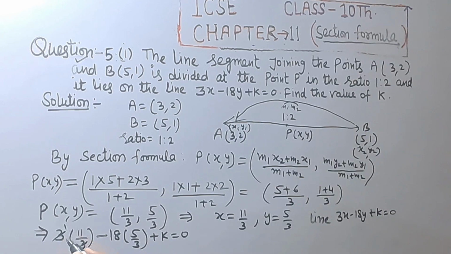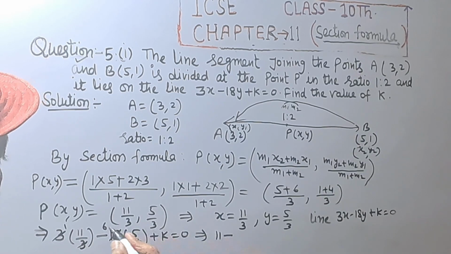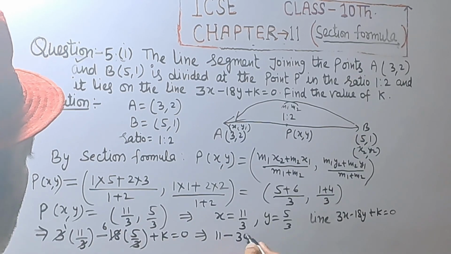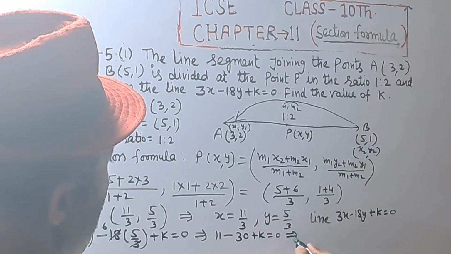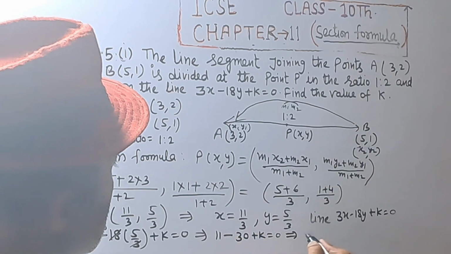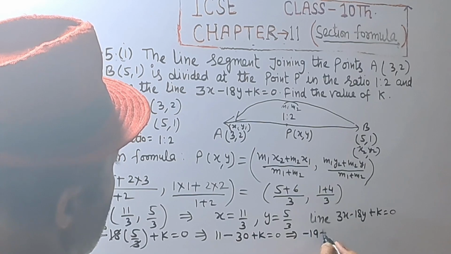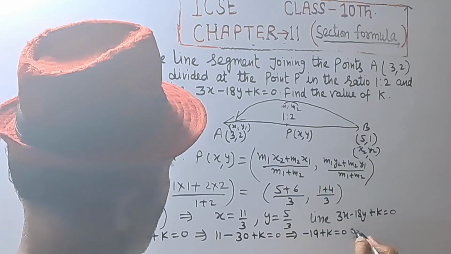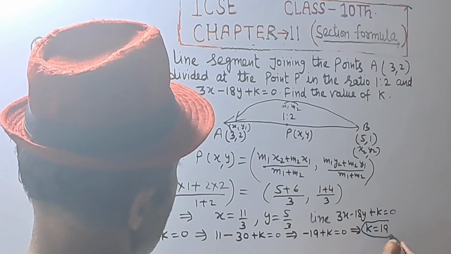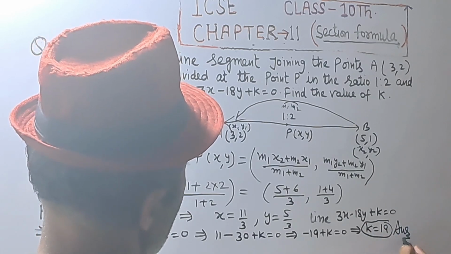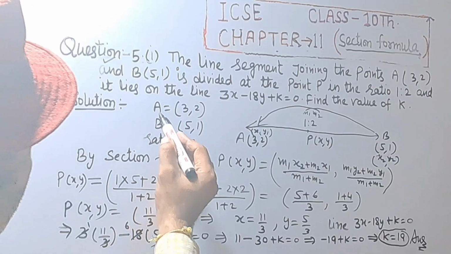This 3 is cancelled and 6 3s are 18, which implies 11 minus 6 5s are 30 plus k is equal to 0, which implies 30 minus 11 is 19, but minus 19 plus k is equal to 0, which implies k is equal to positive 19. Answer.